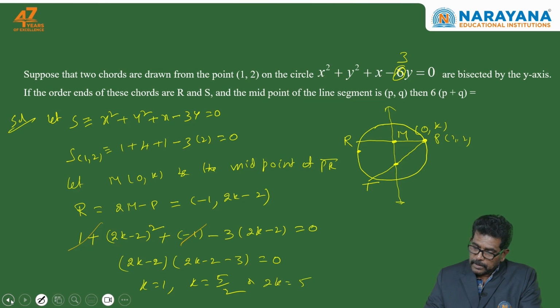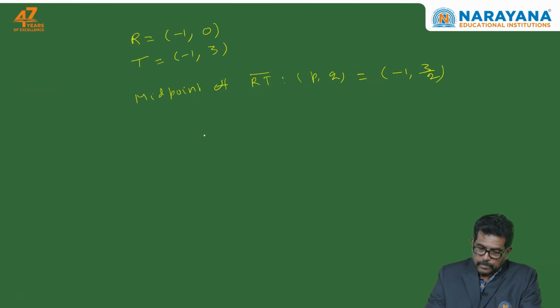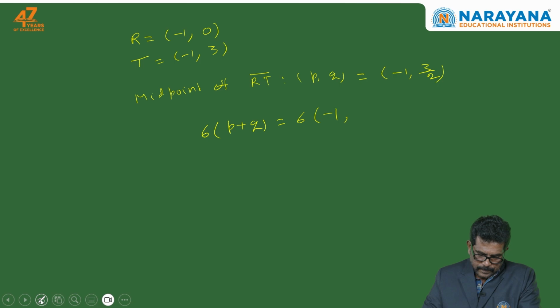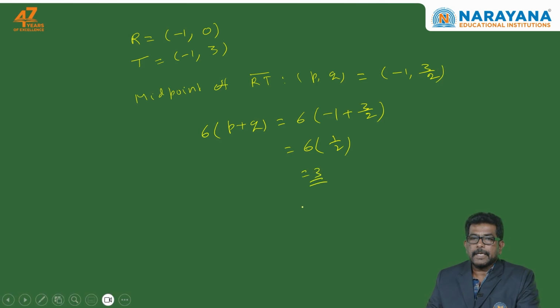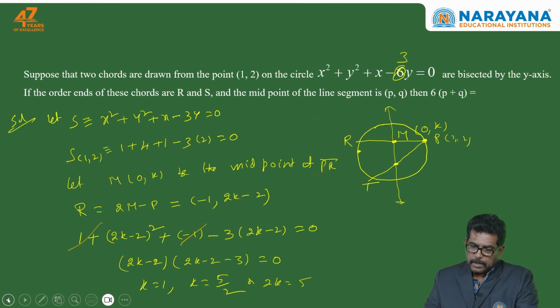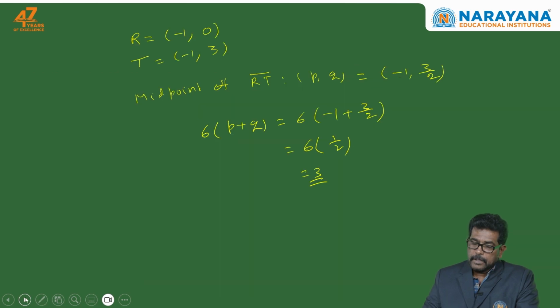They asked for 6 times of (P plus Q). 6 times of (minus 1 plus 3 by 2) is equal to 6 times of 1 by 2, which is equal to 3. It is 3. There is no option, maybe it is numerical. So the required value is 3.